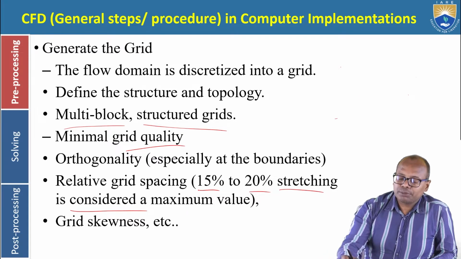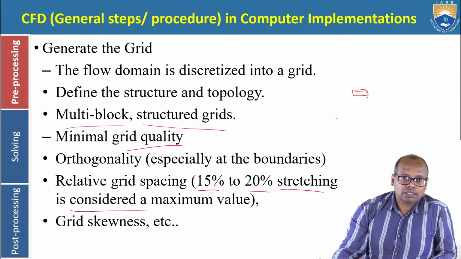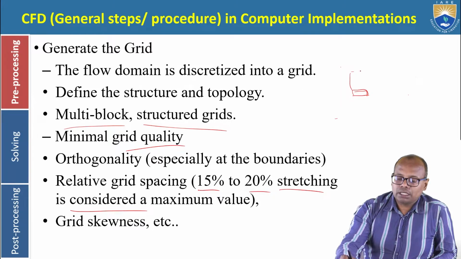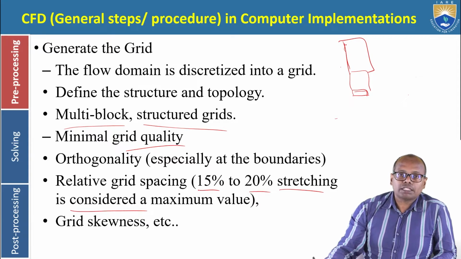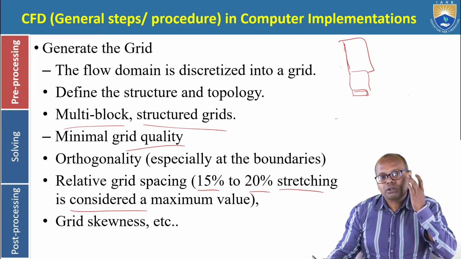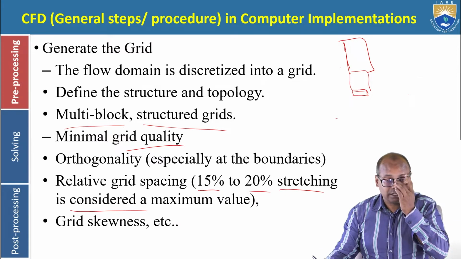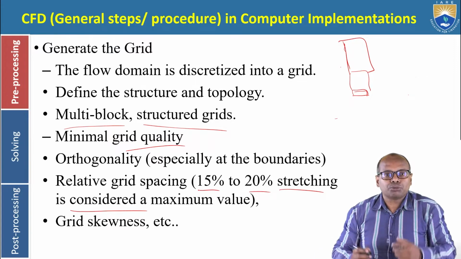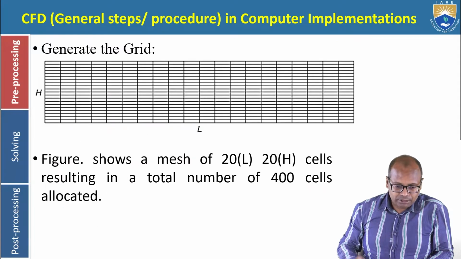So the grid spacing, say suppose like this is a grid, like this another grid is there, like this another grid is there. So this stretching in the distance is not accepted. Up to whatever you want, you cannot stretch it. You can stretch only up to some acceptable limits.